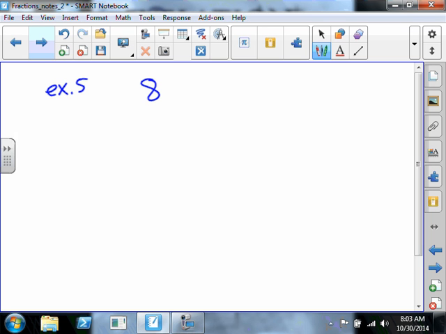Let's go with 8 and 1/7 minus 5 and 17/21. Okay. So what should our LCD be in this instance? 21. So we're going to multiply by 3 and 3. So we get 8 and 3/21 minus 5 and 17/21.